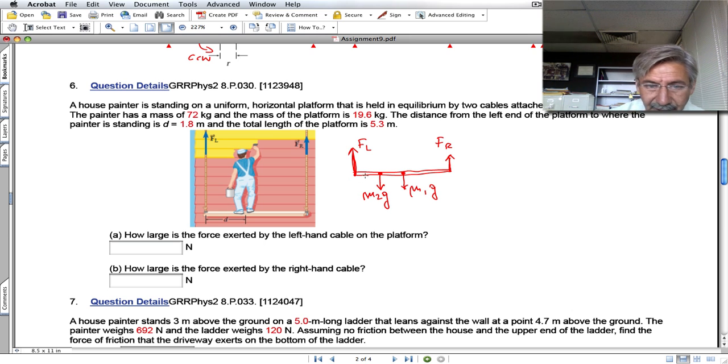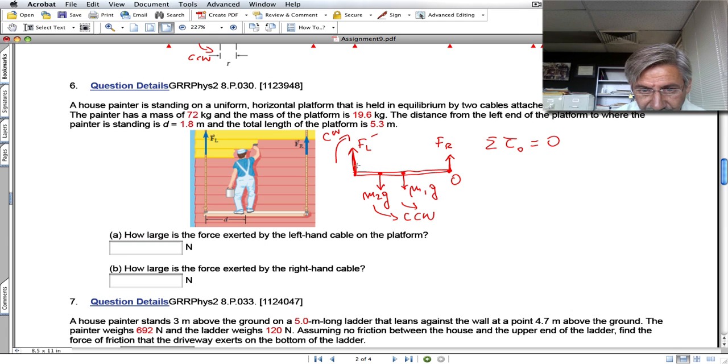So now, if you want to calculate, for example, this force, you can demand that the torque around here be 0. And if the sum of the torques around there is 0, this torque is clockwise, and both of these are counterclockwise.